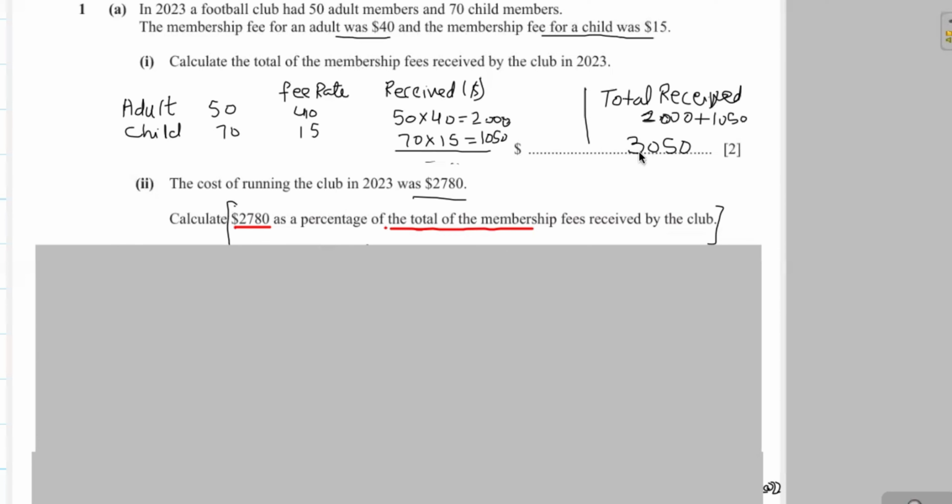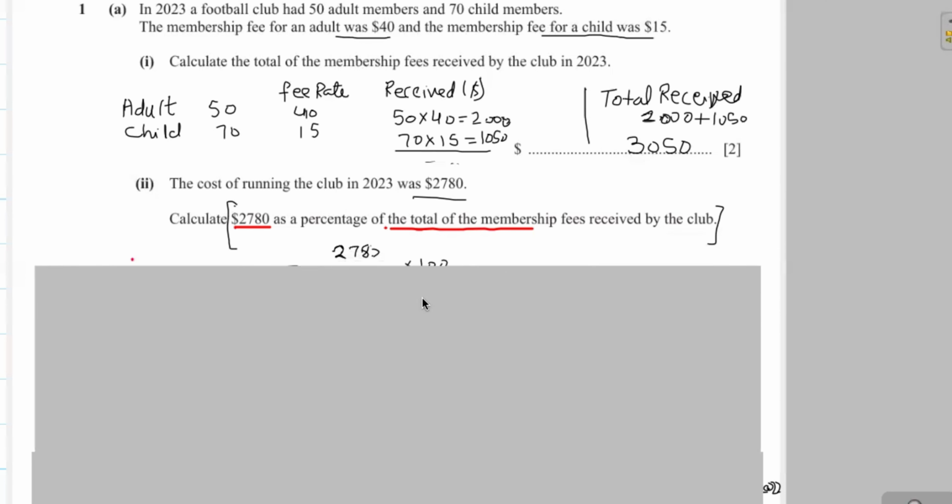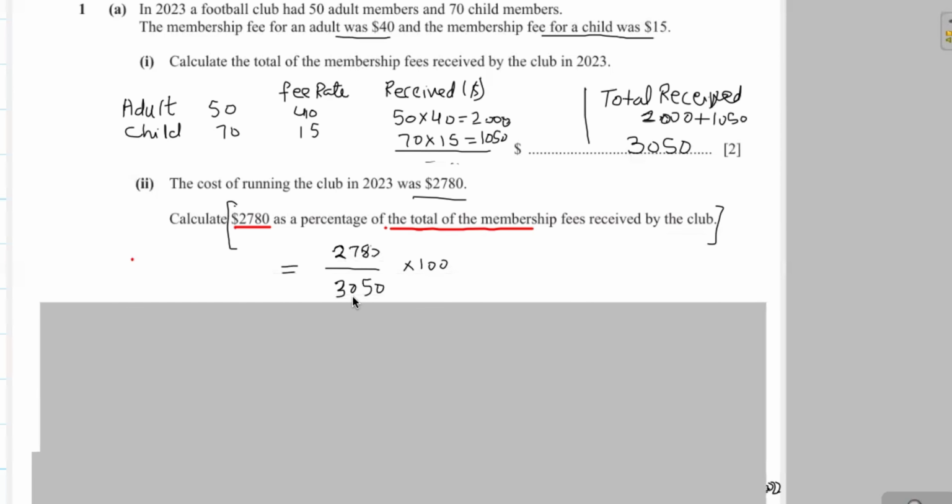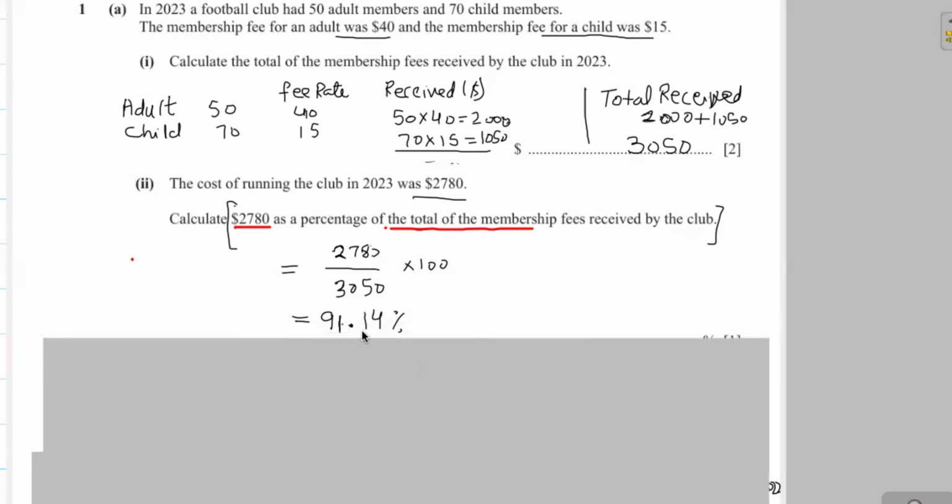The total membership fee here is 3,050. Therefore, we will write 2,780 divided by 3,050 multiplied by 100. We calculate this value and get 91.14%. And this is the answer.